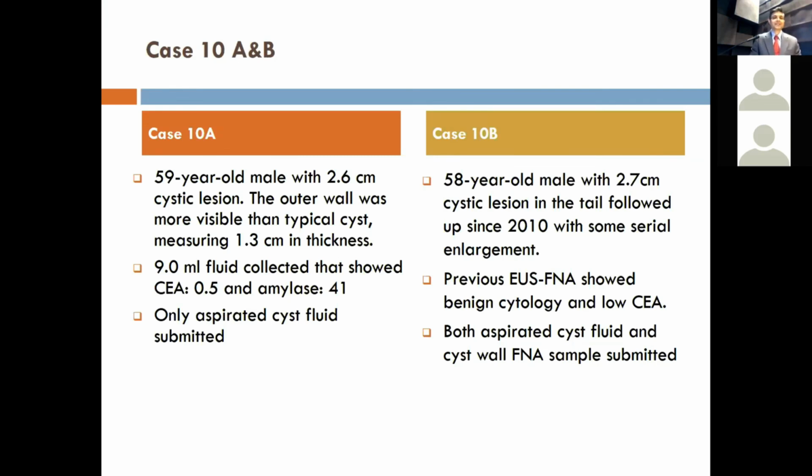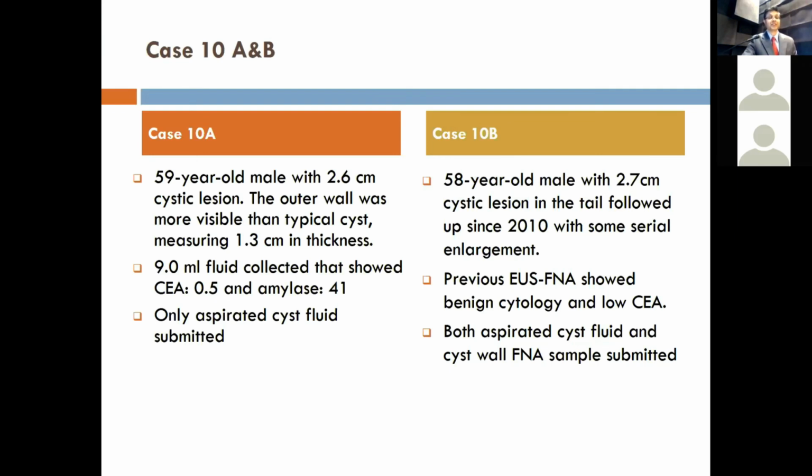Our last cases are, again, a pair of cases that illustrate atypical presentation of some common entities, and also the importance of adequate sampling, how sampling can make a difference in the diagnosis. So both patients presented with cystic lesions.